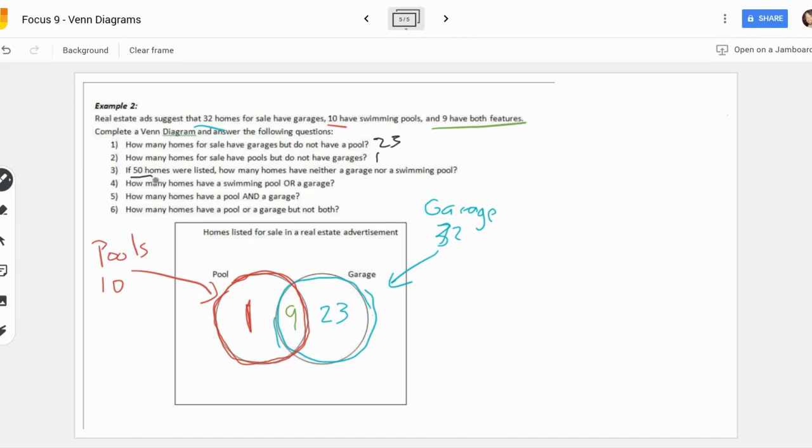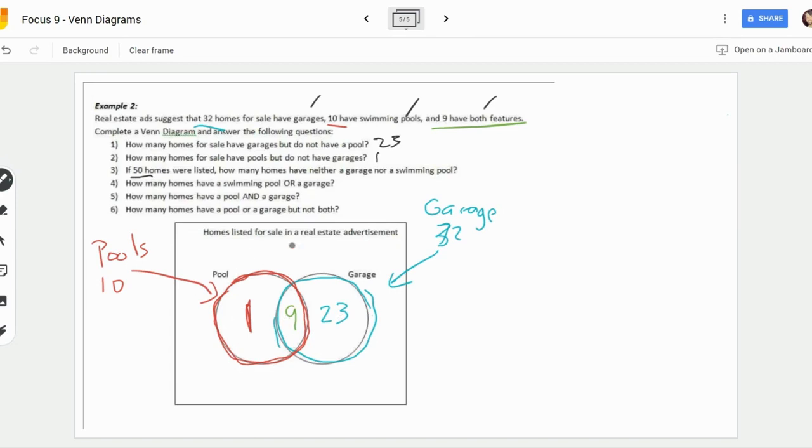And now, here's a little tricky one. If 50 homes were listed, how many homes have neither a garage nor a pool? We figured out all of the houses that have garages, that have pools, and have both. But if there were 50 houses total, there are some that aren't accounted for in these circles. And that's what goes in the rest of this Venn diagram, not in the circles. Not pools, not garages, not both.